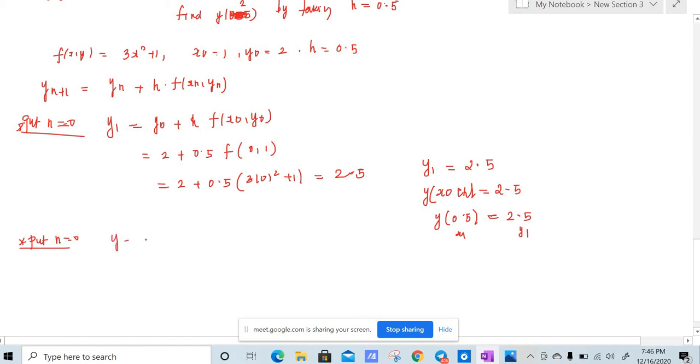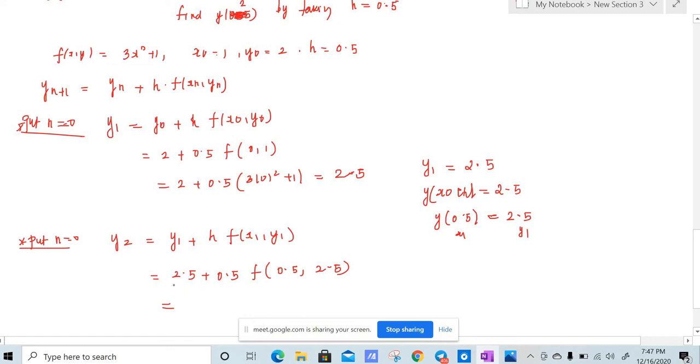Now put n is equal to 1. So it will be y2 is equal to y1 plus h into f of x1 comma y1. So y1 is 2.5 plus h is 0.5 into f of x1 comma y1. So just substitute 3x square plus 1, right? So 3 into 0.5 whole square plus 1, then multiply with 0.5 and add up 2.5.